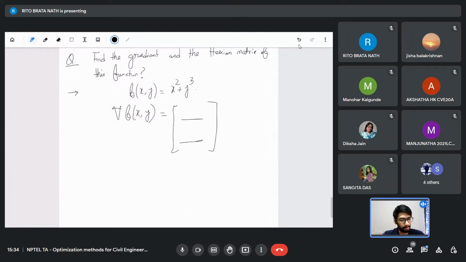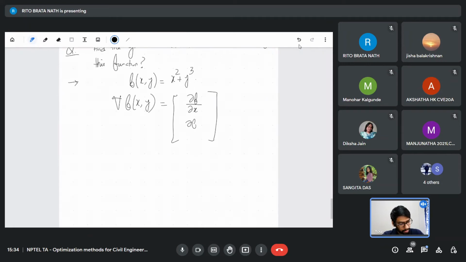So what you have in these two positions while finding out gradients, I'll write it down. You take the partial derivative of this function with respect to x here, and here you take the partial derivative of the function with respect to y. So this is your expression for the gradient.